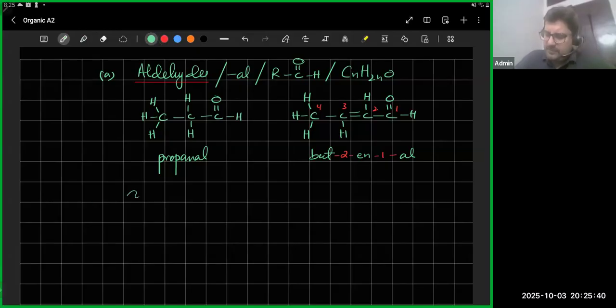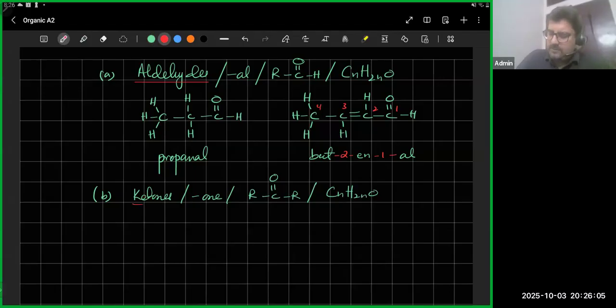So you've got ketones. What are ketones? The suffix is going to be -one, and the C double bond O would be in the middle of the chain, and the general formula would be exactly the same.